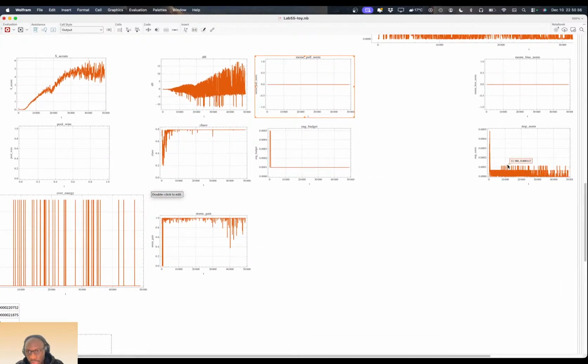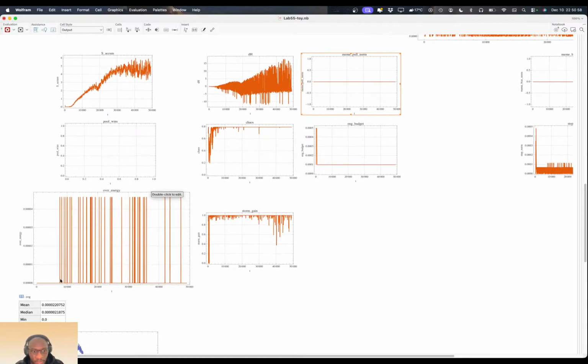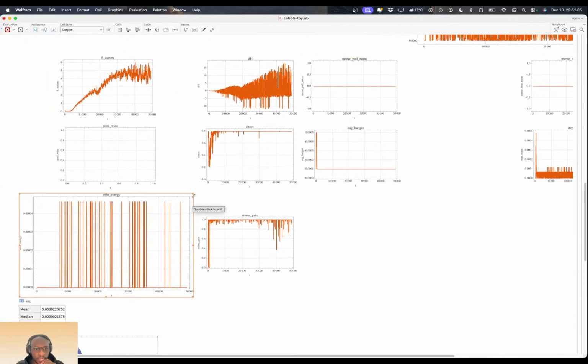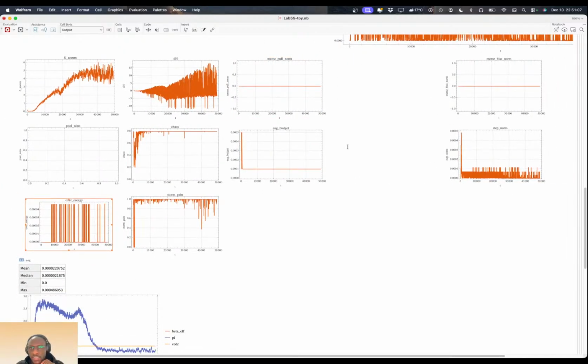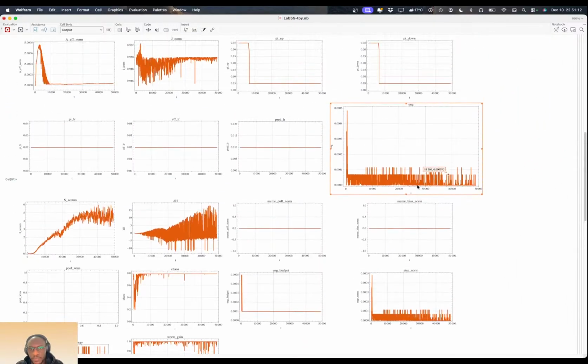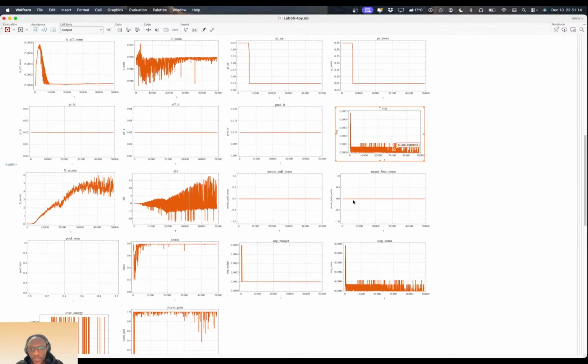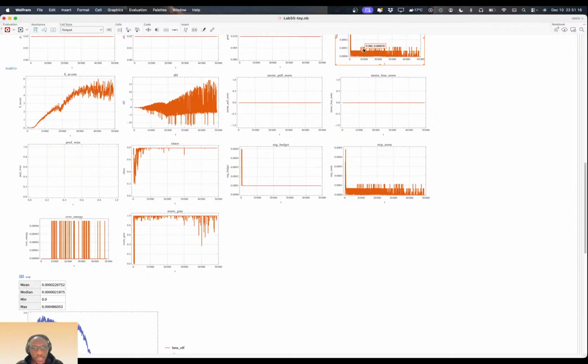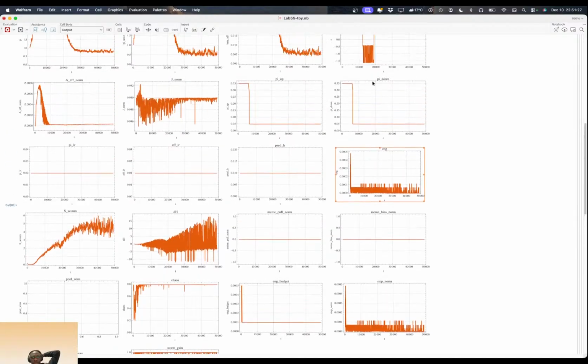The overshoots will tell us when it goes above budget and when it's under budget. Yeah, so overshoots here, overshoots here, overshoots all these steps, overshoots here.